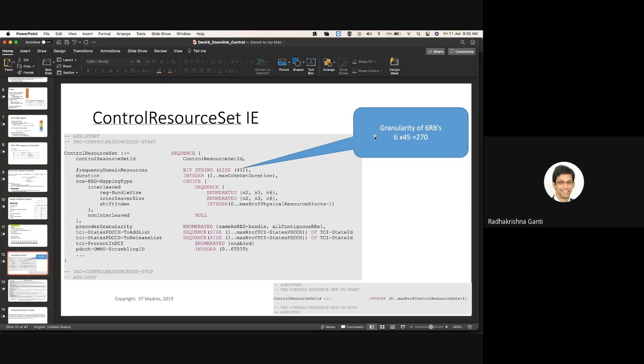So 6 times 45 is 270 RBs, the maximum number of RBs you can have. This 45-bit string is called the indicator function. It indicates whether a particular group of 6 RBs, starting from CRB 0, is present in your CORESET or not. Is this clear? Do you understand this?